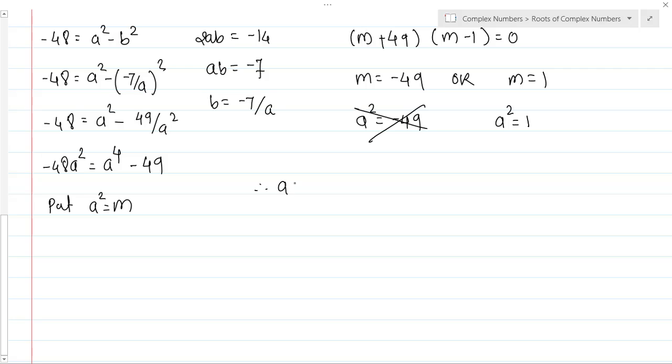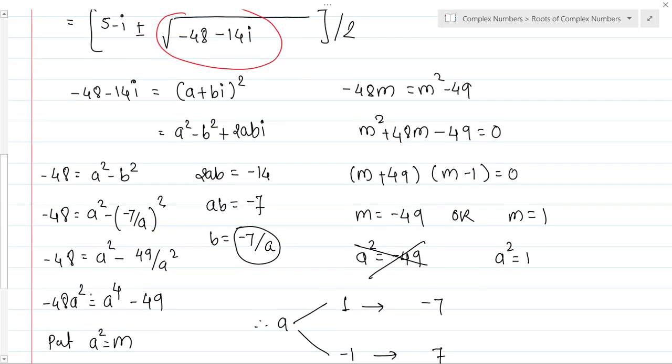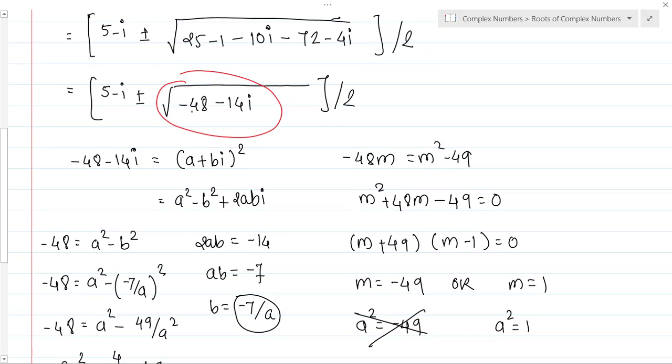Therefore a is equal to what? a is either positive or negative. So if a is positive, what will be the value of b? It's minus 7. If a is negative, what will be the value of b? It's positive 7. Therefore what is the value of the square root of minus 48 minus 14i?